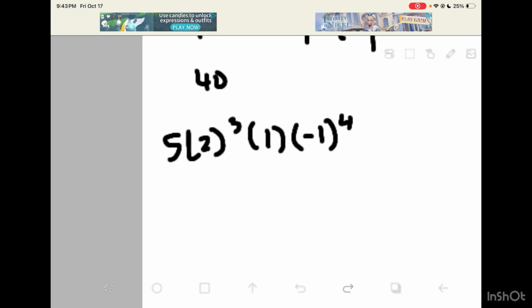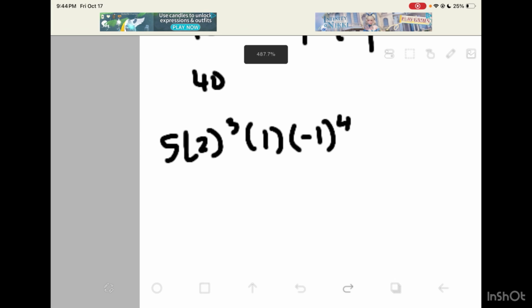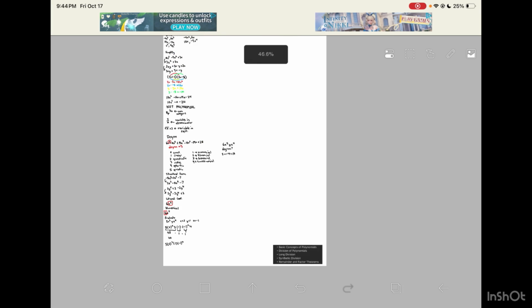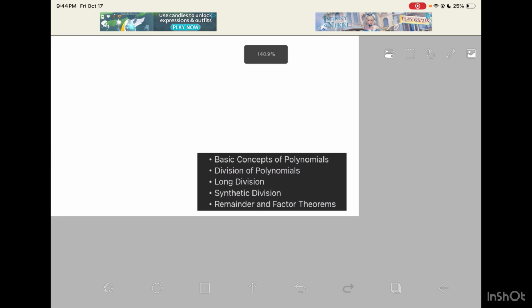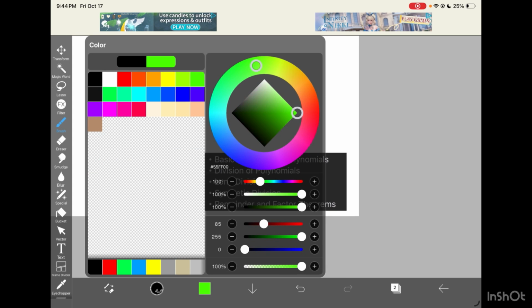Let me just try that out. Yeah, it also gives 40. So this also works. That's all you need to know for the basic concepts of polynomials.